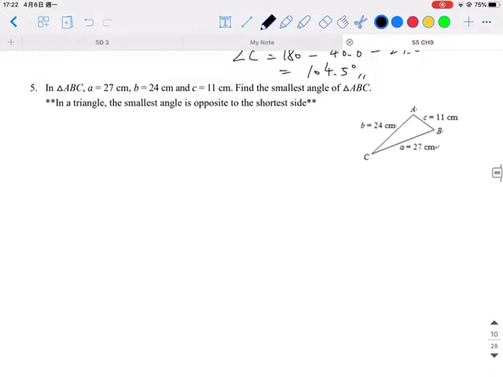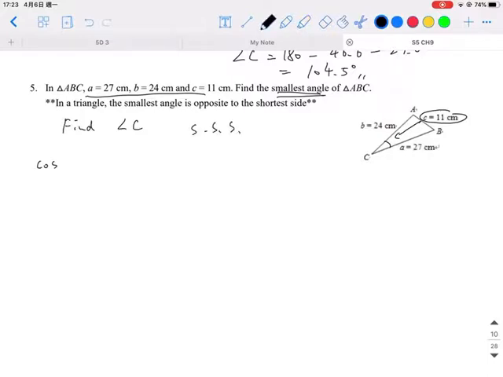And for question number 5, in the triangle we have these data and need to find the smallest angle. Remember, the smallest angle is the opposite angle of the shortest side. So that means we find angle C here. We apply the cosine formula because it is an SSS format.